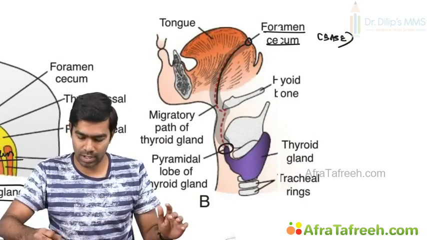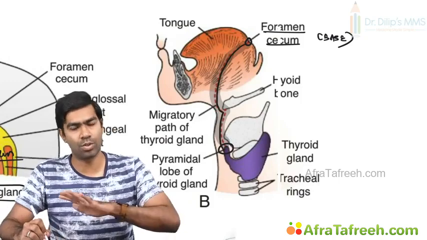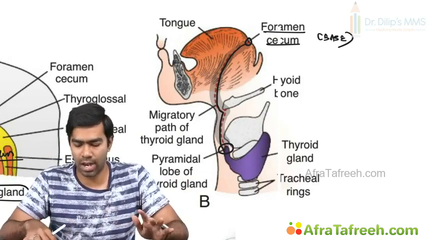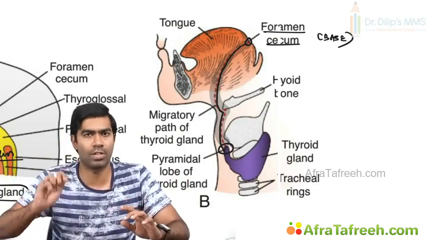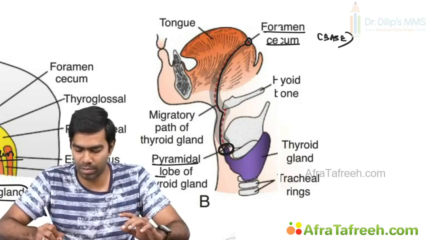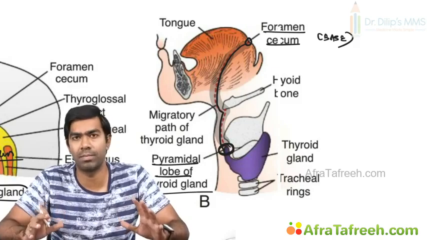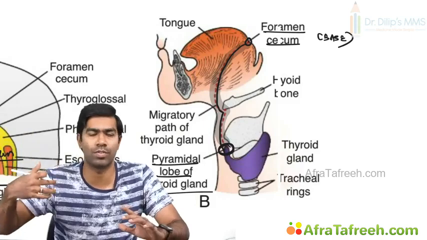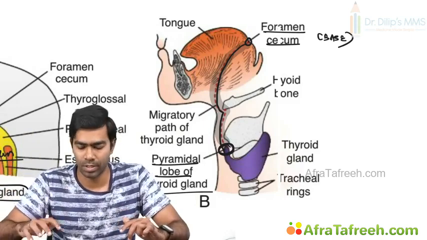This is the entire tracking portion of the thyroglossal duct, and usually all of it will obliterate, so it won't be there. The distal most portion of the thyroglossal duct may form a remnant called the pyramidal lobe of the thyroid gland.